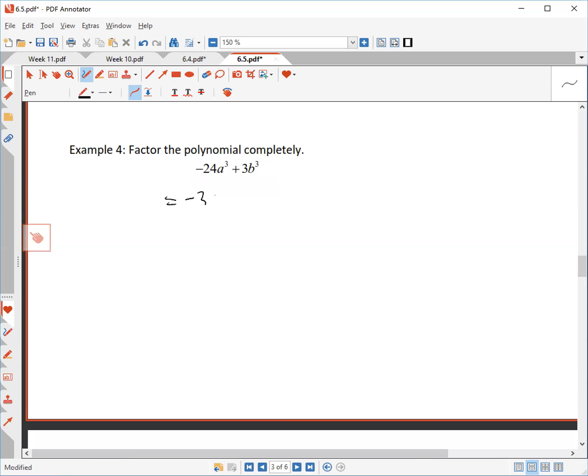Let's take a negative out. That'll leave us with 8A cubed minus B cubed. So cube roots, we see that one's a 2A and one's a B. Those are our pieces. So we've recovered them.